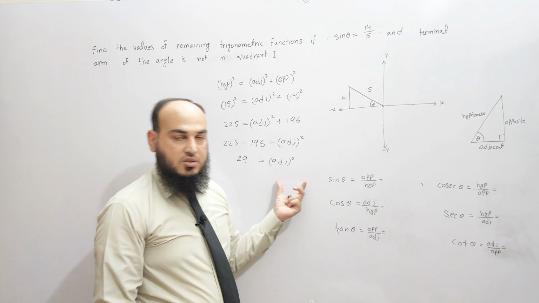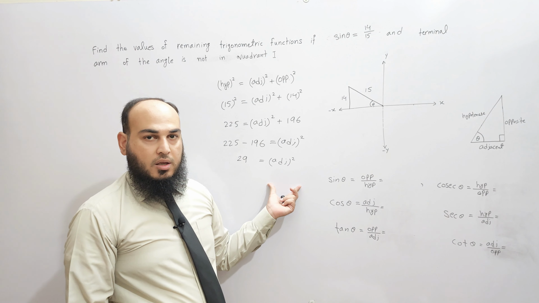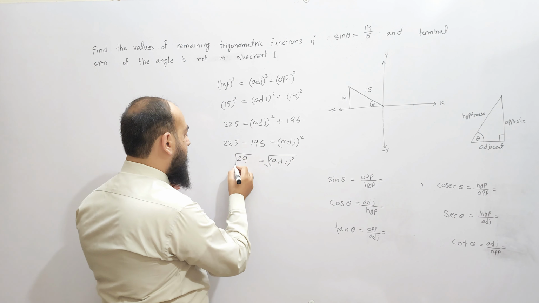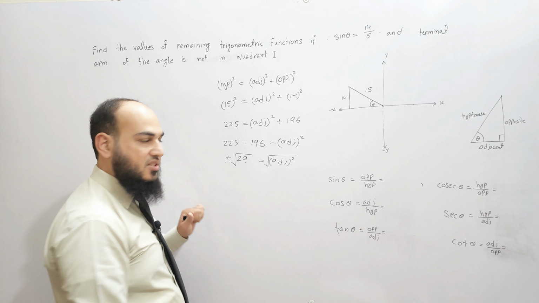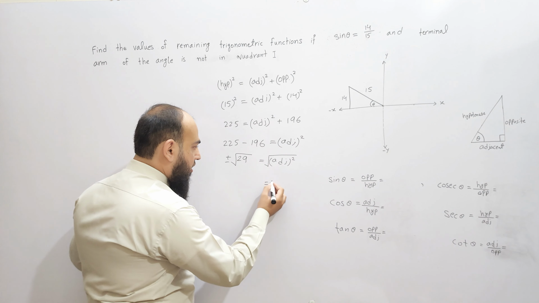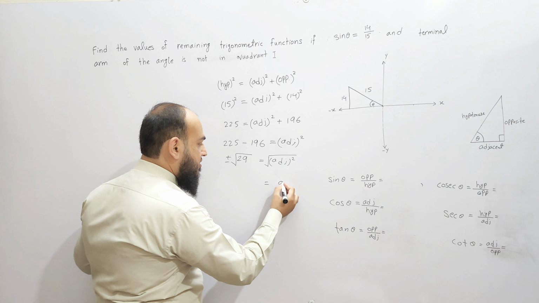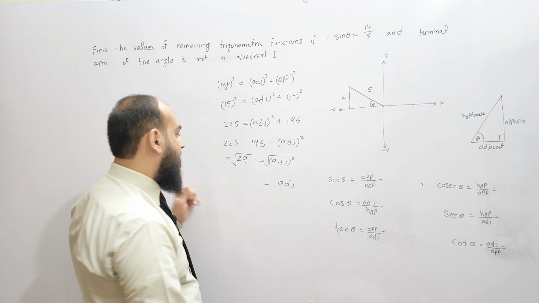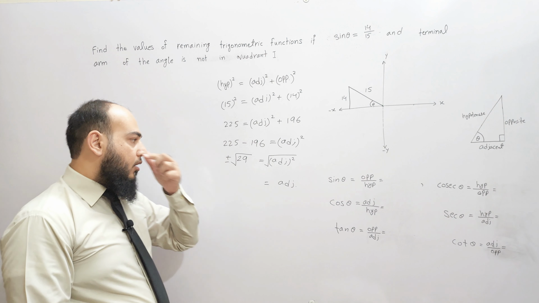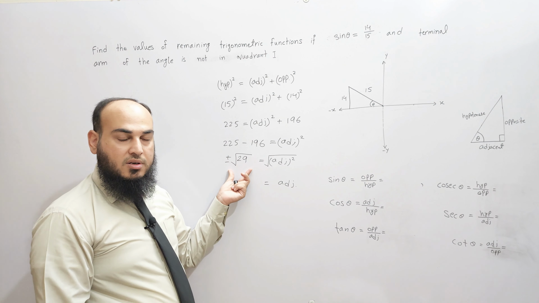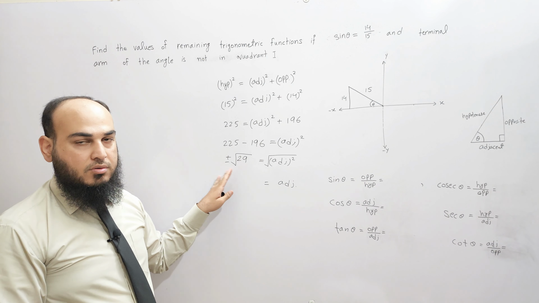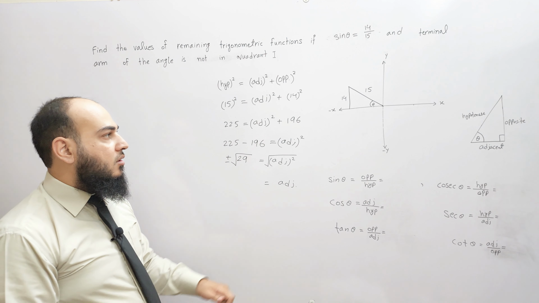Now we have to find the adjacent side, that is x. Take the square root on both sides like this. Here will come plus minus. Now square and square root cancel each other. The adjacent side is equal to, now we have two options, positive square root of 29 and negative square root of 29.